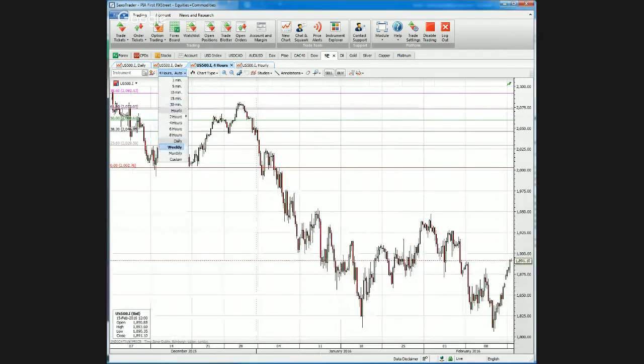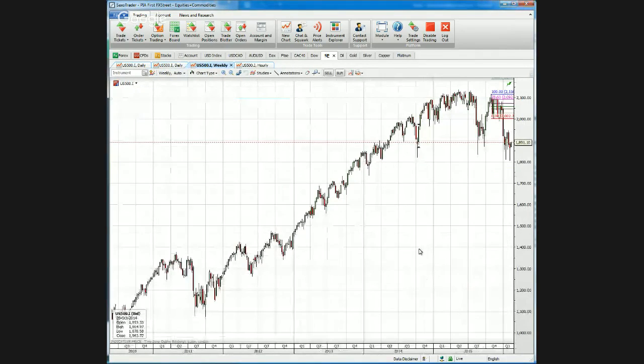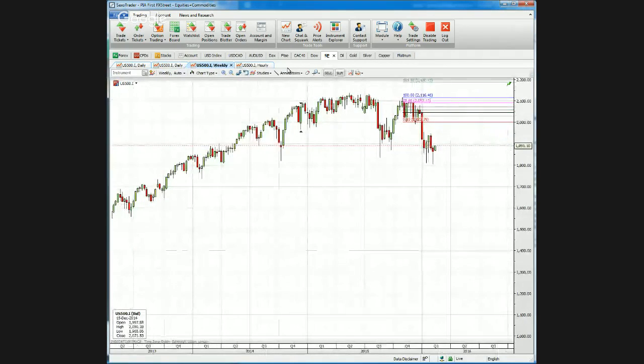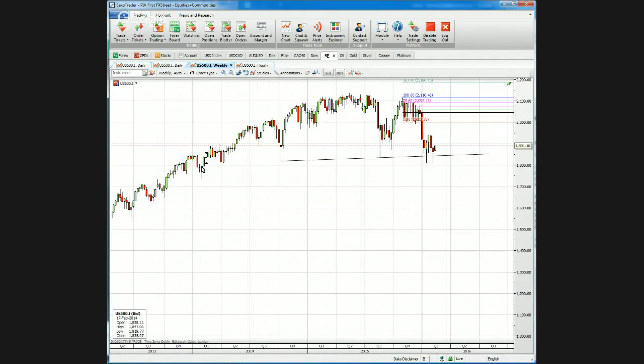Let's take it back to a longer term chart. The one thing that does stand out is this trend line here, almost like a neckline. You have a long drawn out head and shoulders here, with a neckline. It's penetrated the neckline on 2 occasions now, with this weekly chart showing a bullish hammer.